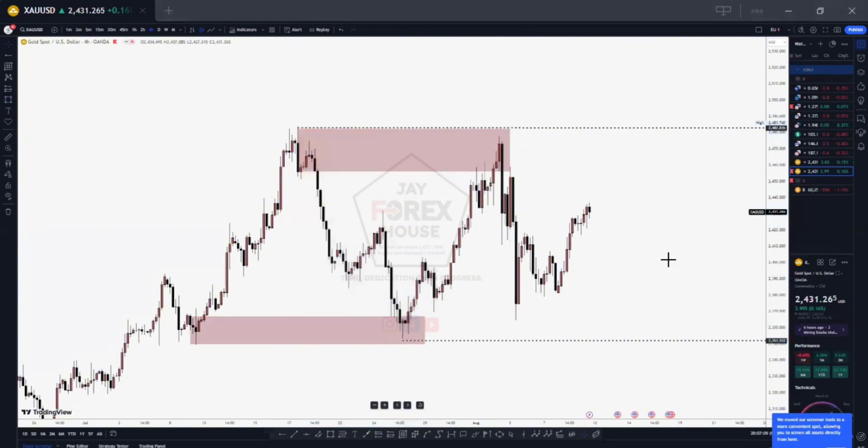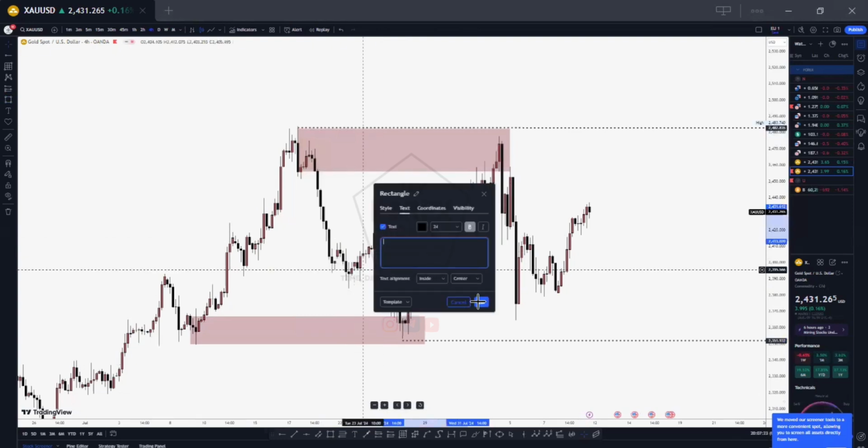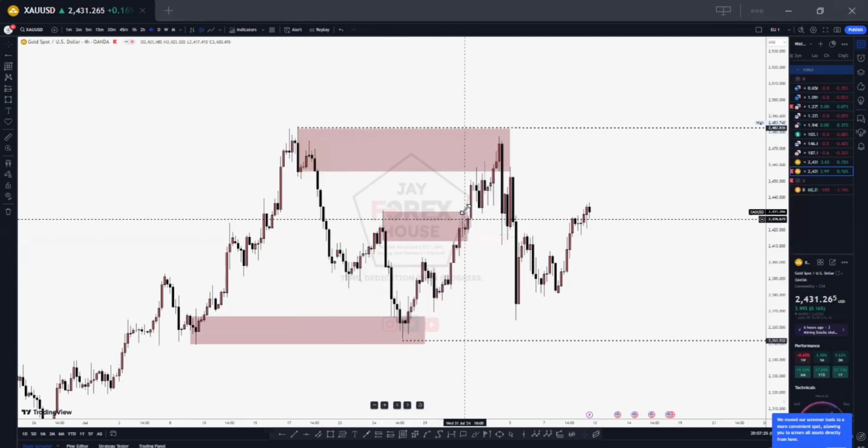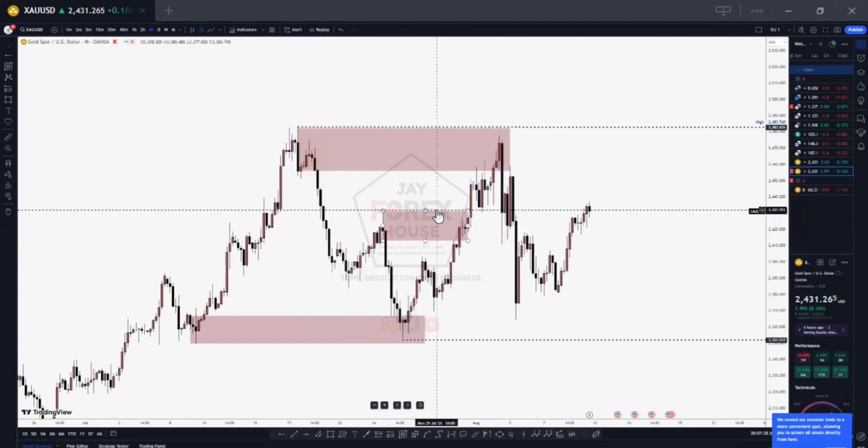Okay, so if you're looking at identifying this as a supply zone, then you need to be well informed to know why it's being called a supply zone, unless you're going to get stopped out like this. Okay, so it's not just any area of interest that looks like a supply or an area that looks like a demand. No, it's a concept.